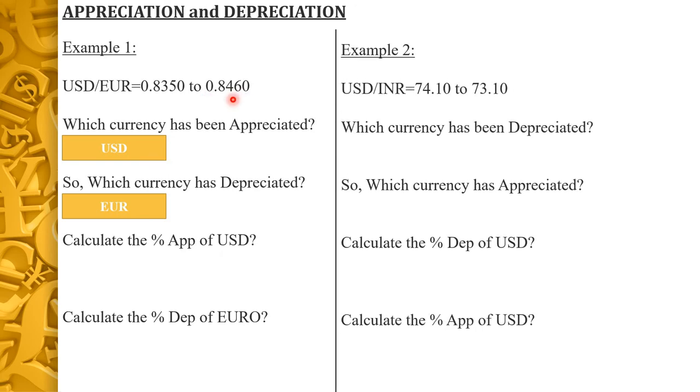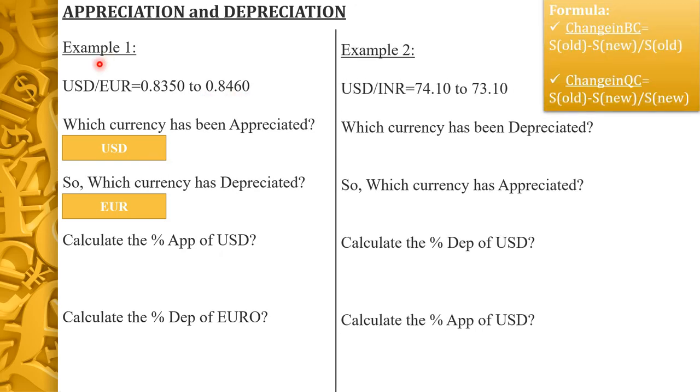Here we have a formula. Any change in BC is calculated by the difference divided by the price that was quoted earlier. While to calculate the change in QC, we divide the difference by the new price. If you don't want to mug up the formula, there's a trick for you. Always remember that appreciation is more than depreciation in any case.